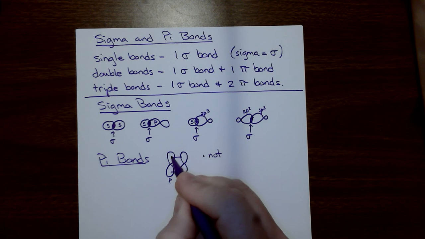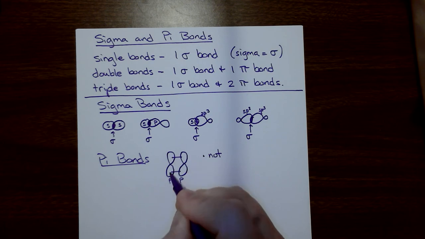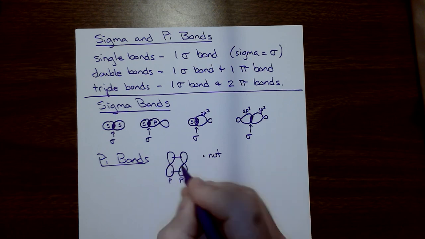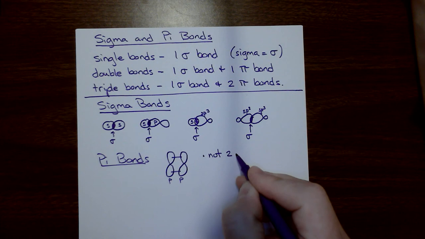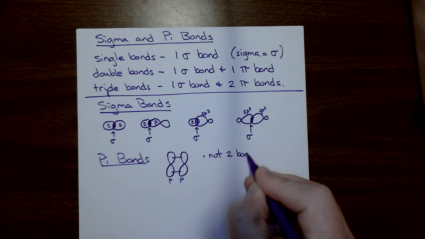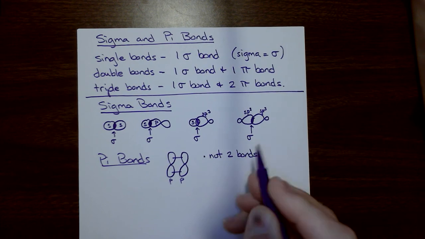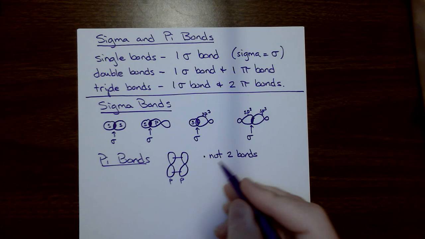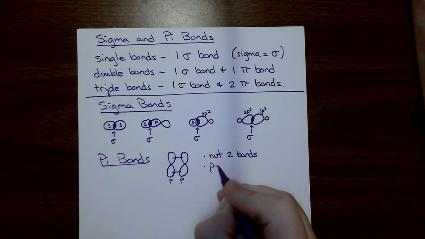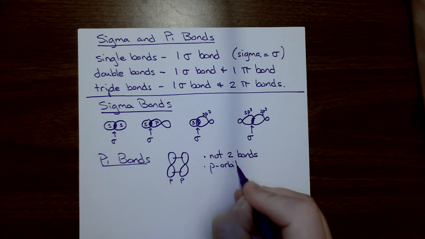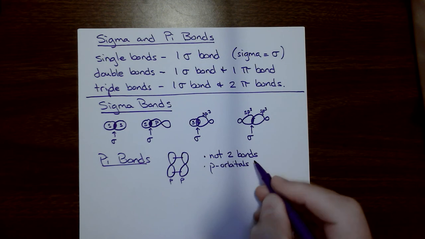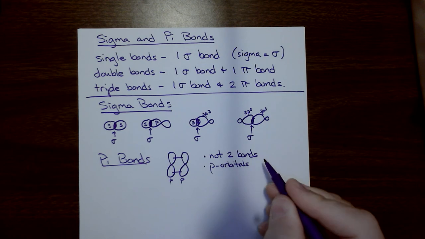It's a single bond, but it's overlapped on top and bottom of the p orbital. You can think of this as like an orbital and an anti-orbital, and they have to overlap top and bottom. So this is really not two bonds. It's a single bond with overlap on top and bottom. And we say that the p orbitals overlapping on top and bottom form the single pi bond.